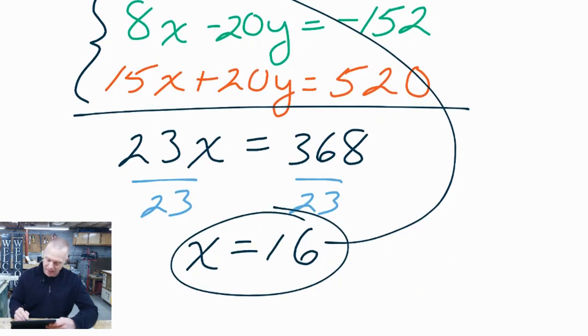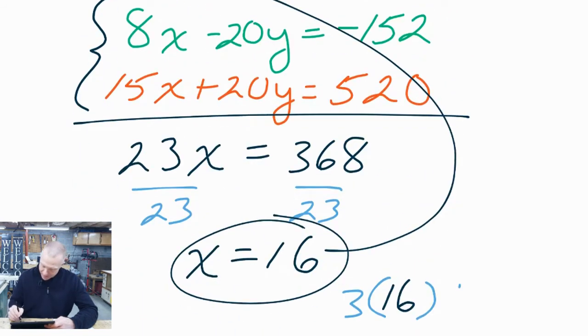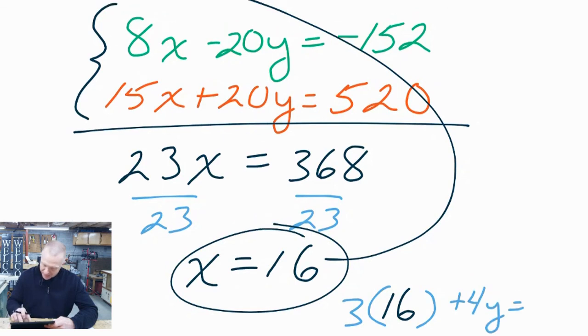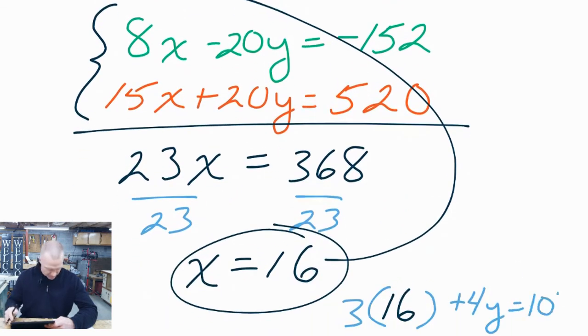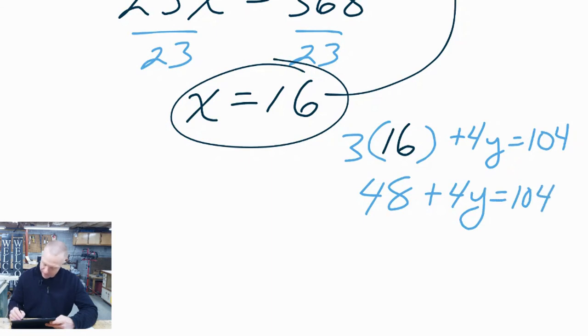And when I plug in, I'm going to end up getting 3 times 16. Let's keep with the colors here. So we substitute in 16. Plus 4y. And that was equal to, if I'm not mistaken, 104. Okay, so I think we're going to end up here with 48 and 4y. And if you keep trusting the math here, when I subtract 48 from 104, what are we going to get?